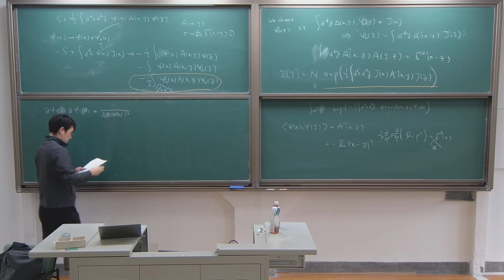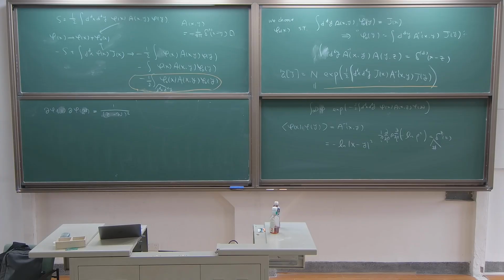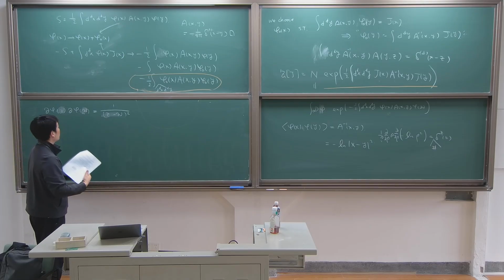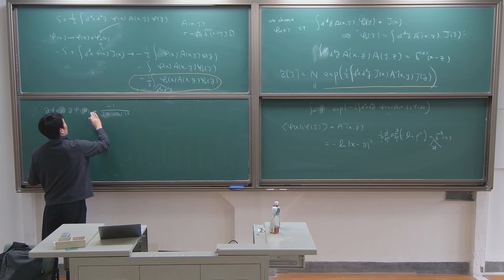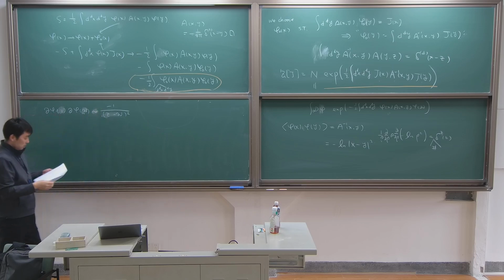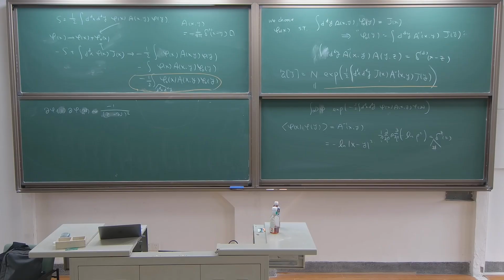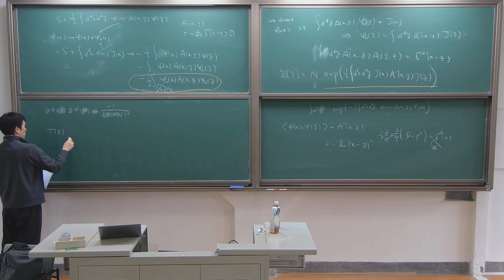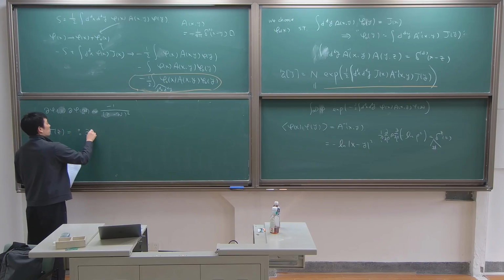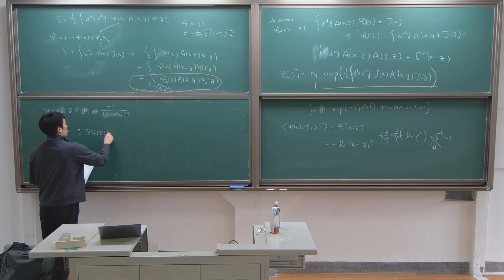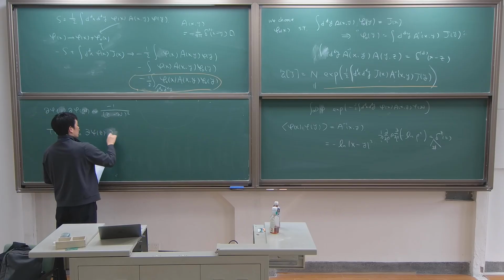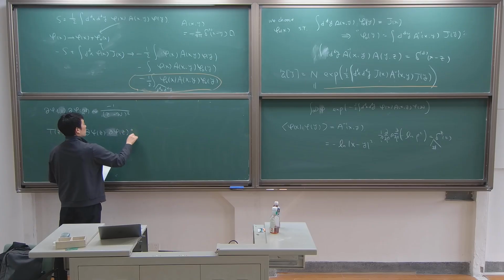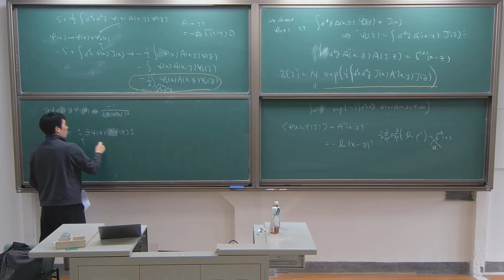That's what we obtained, up to some sign. That's what we obtained last time. And then the stress energy tensor is in fact the normal ordering of this one. This is called normal ordering.